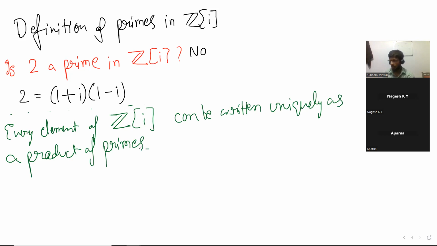Is this fact obvious? Not at all. But now we know what is a prime, and so we can at least make the statement. So is it fine so far?